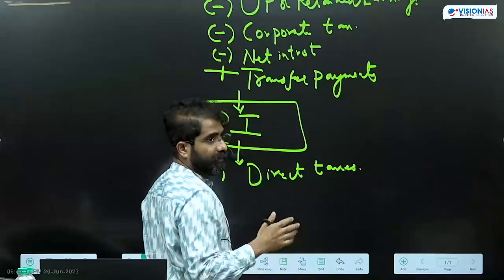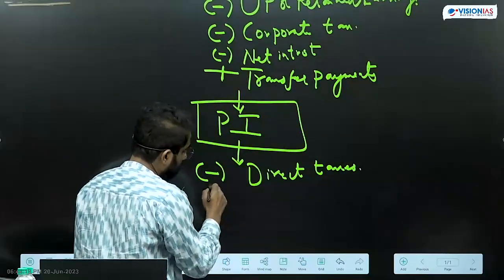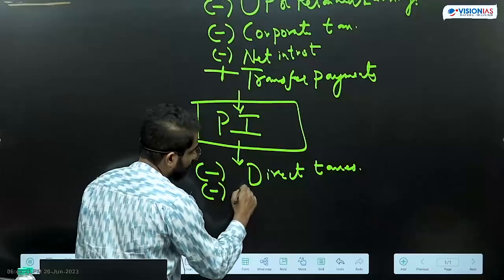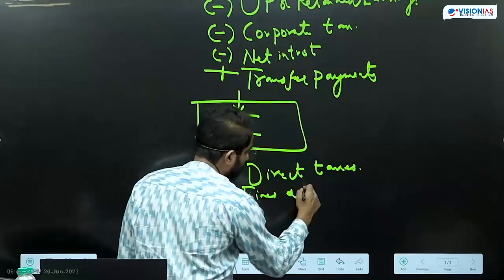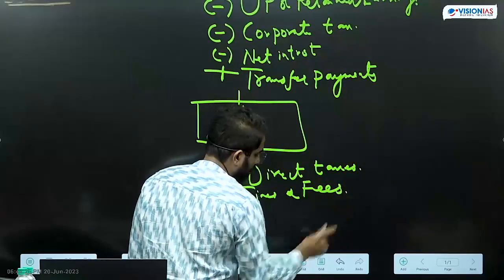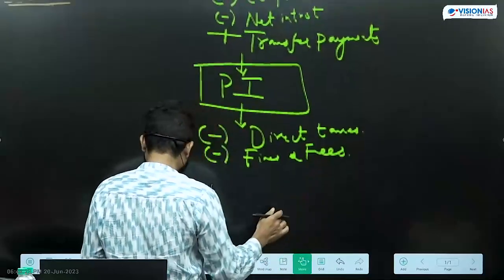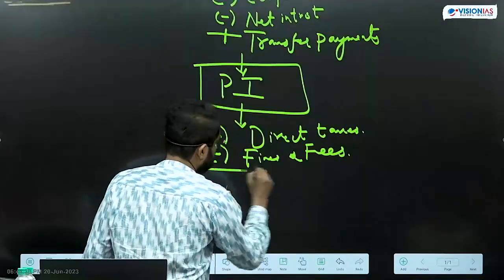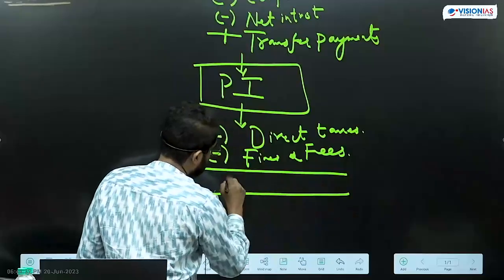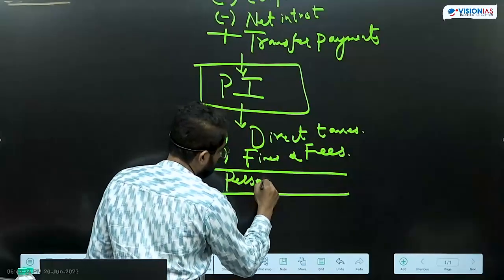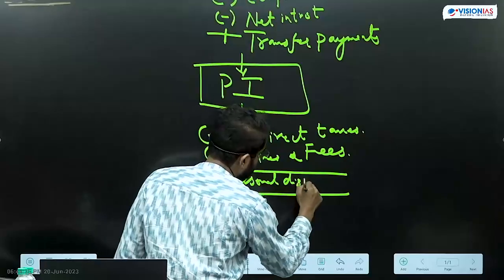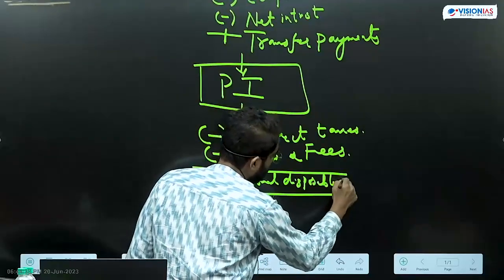Yes or no? I have to pay my taxes, and I also have to pay some fines and fees, whatever it is. Okay, and then whatever is remaining is called the personal disposable income.